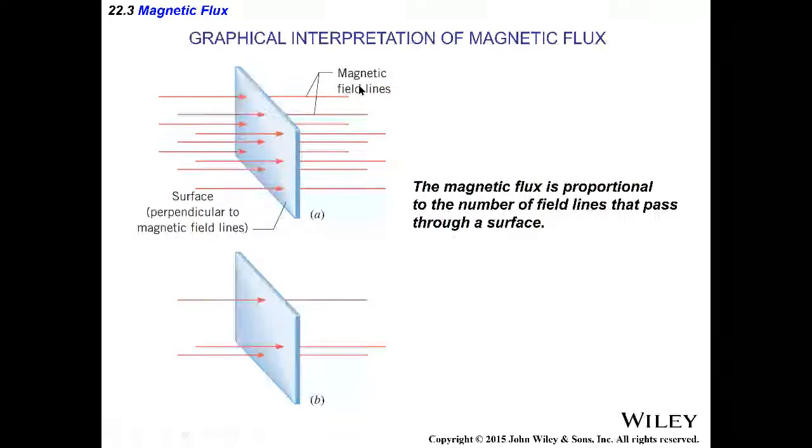All right. Now, graphical interpretation of magnetic flux. Well, you have the magnetic lines, and this is your surface, and the magnetic lines now go through. So this is the surface that's perpendicular to these magnetic lines, and the magnetic flux is proportional to the number of field lines that pass through a surface.